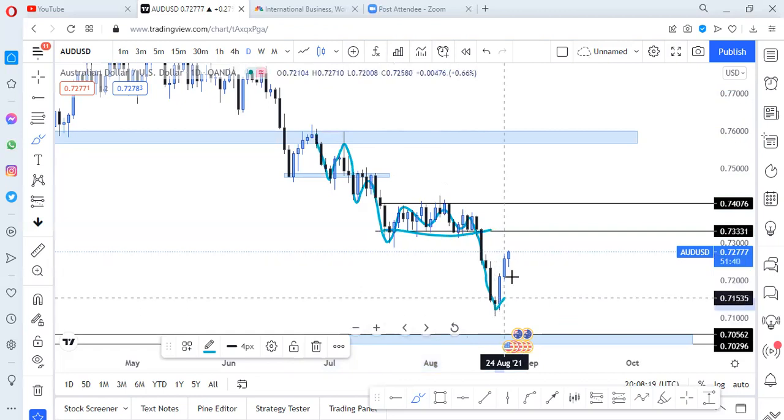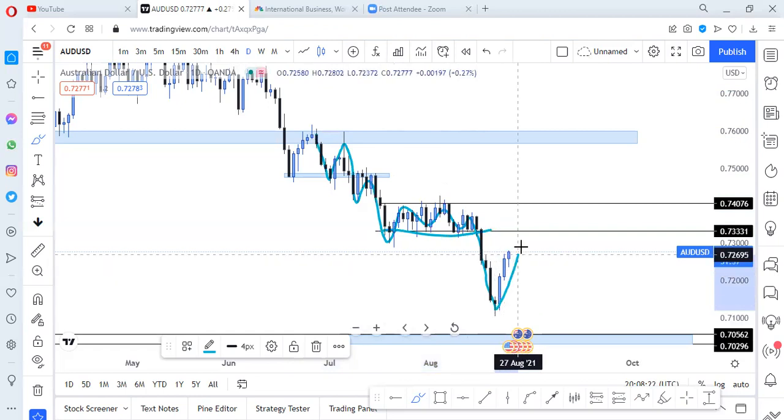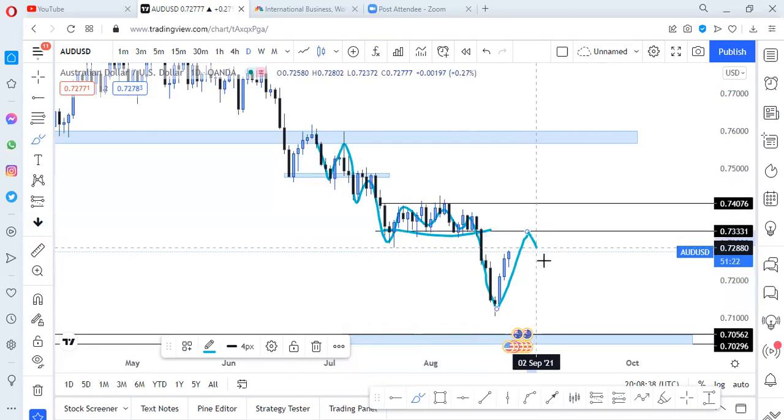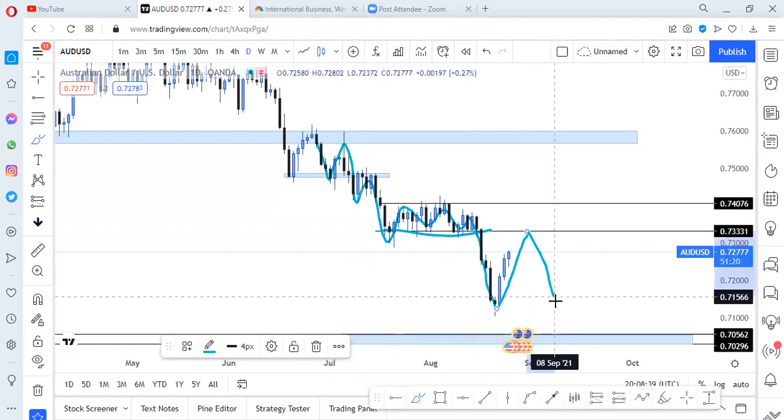There are chances that we might see it coming back again to properly retest this level here, which is 0.73344. We can see price coming to this point, then creating a proper retest. That's what we can expect.